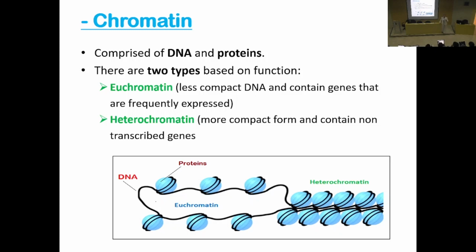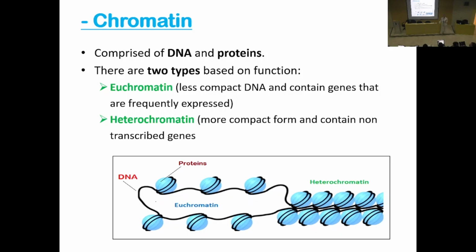In the nucleoplasm we said we have chromatin. What is chromatin? You will study it in molecular biology in great detail. But here, when I say chromatin, you tell me it's DNA plus protein. It's a complex of protein plus DNA. The proteins we call histone proteins. I'm not going to go into details.